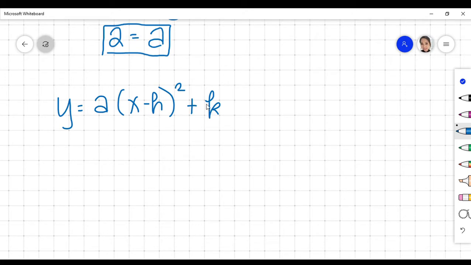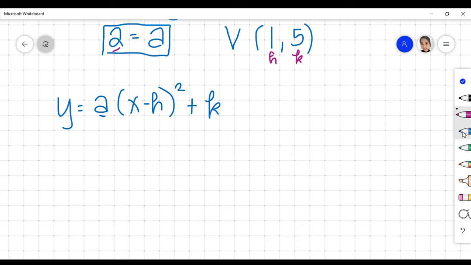This time, isa-substitute natin yung A dito at saka yung vertex na lang. So, again, our vertex was 1 and 5. So, si vertex na H at saka K at saka yung A na lang yung isa-substitute natin to this equation. So, yung X at saka Y, wag na. So, hindi natin yung isa-substitute.